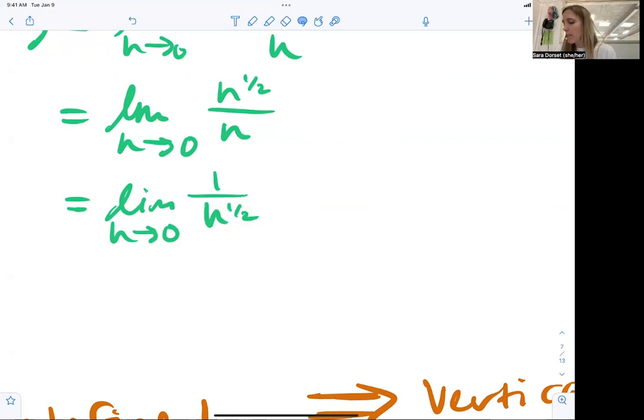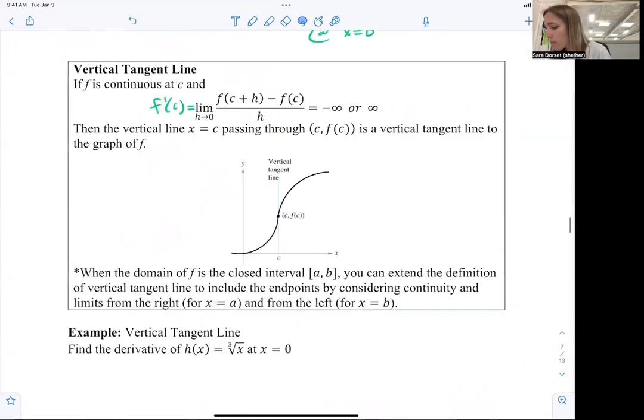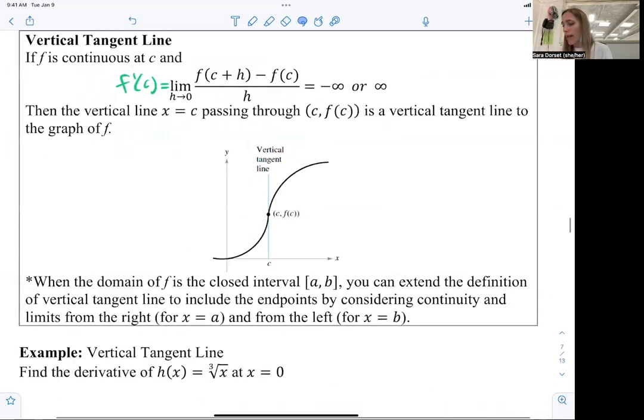It doesn't exist. So this brings me to the bottom part here for the vertical tangent line. When the domain of f is the closed interval from a to b, you can extend the definition of vertical tangent lines to include the endpoints by considering continuity and limits from the right and from the left.